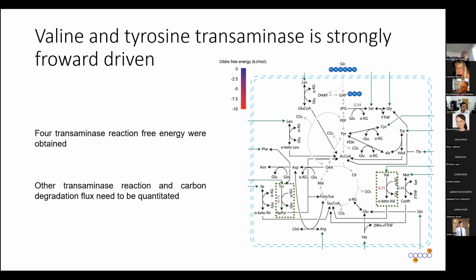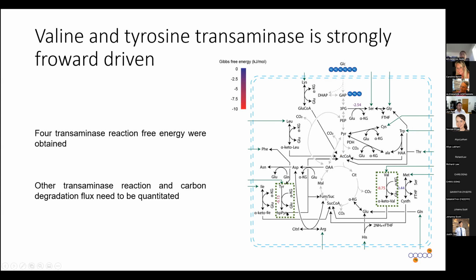Besides this labeling pattern, we actually wanted to see whether our software is able to tell us about the transaminase reaction reversibility. So we put that labeling pattern into our software, and then we quantitated the Gibbs free energy of amino acid transaminase. In this figure, you can see that serine, valine, methionine, and tyrosine reversibility was able to be quantified.